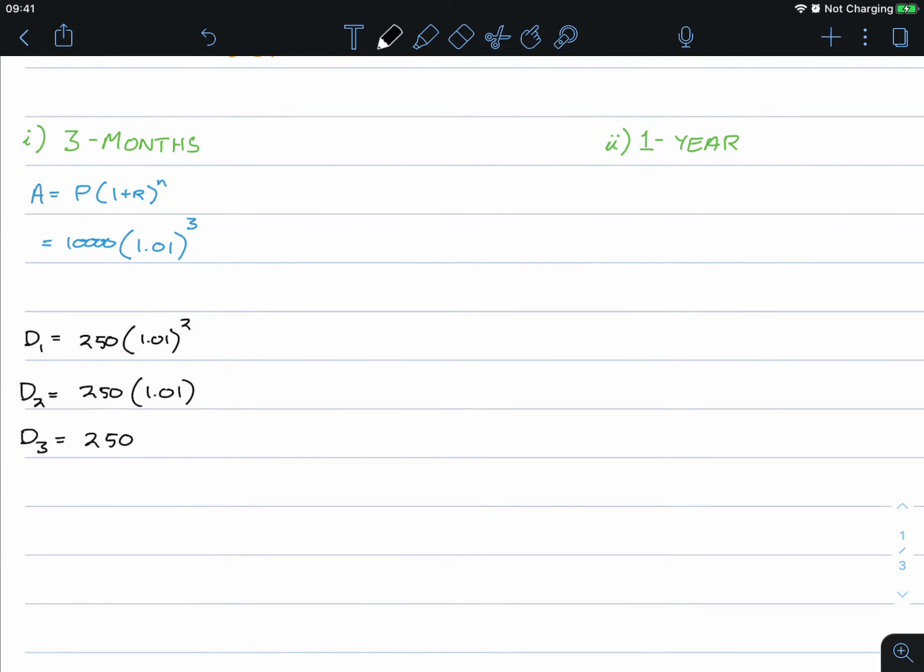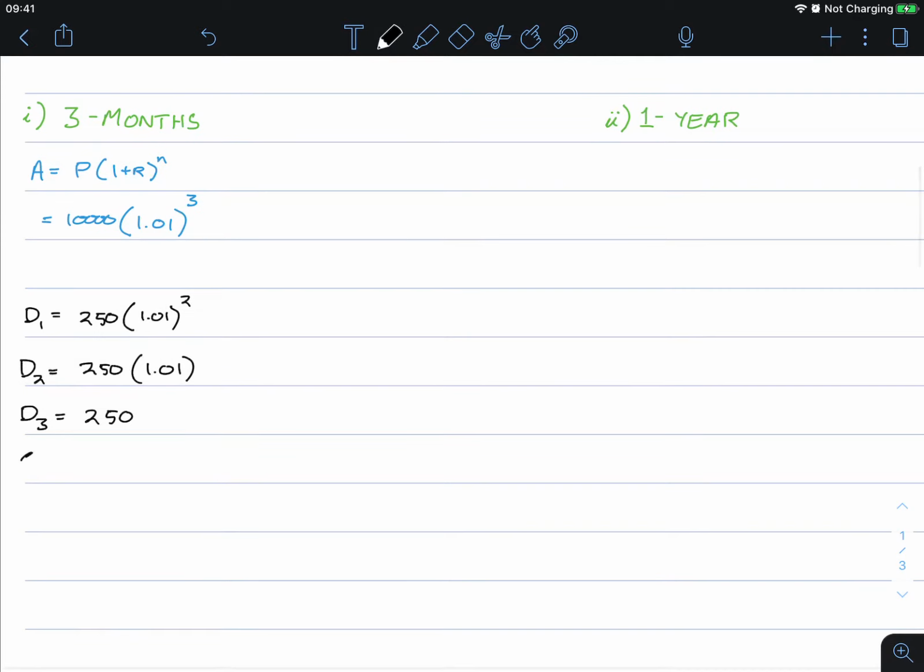Okay, making this into a sum, the S of n, this becomes, going from the smallest to highest, 250 plus 250 times 1.01 plus 250 times 1.01 squared.